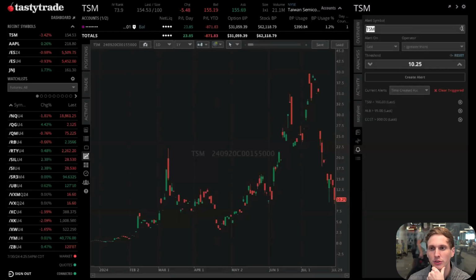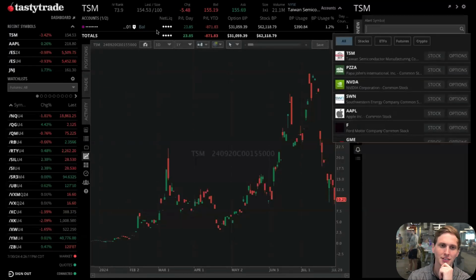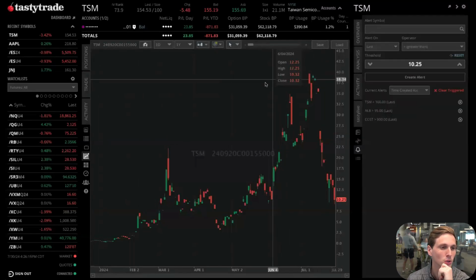Yeah, with the new symbol search, it might be a little bit weird. But in short, you can take this options code. It's a lot of work right now, but that's why we're building out the feature in its entirety so that you can alert off of options. But that's the theory there, that you're able to find the options code and type it into the alert symbol, and it should work.